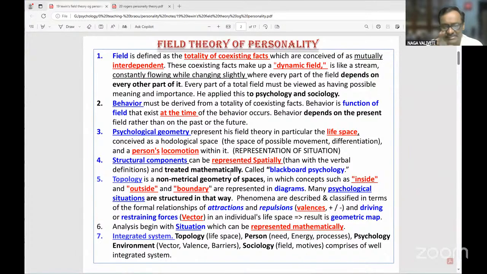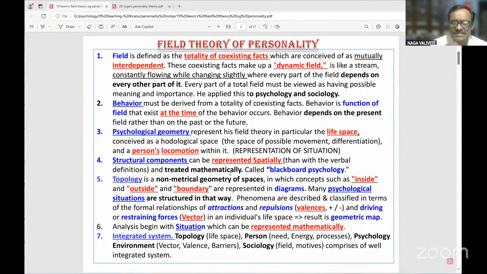Overall, having said this, the abstract of the concept of the field theory, I also gave certain examples. I will try to explain in terms of diagrams in the next few slides. Please concentrate on that. It is very interesting. So overall, this field theory of personality is an integrated system.